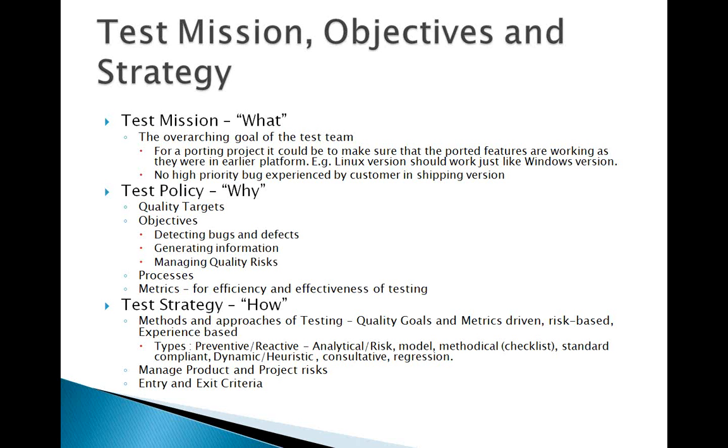And then the other could be dynamic and heuristic, in the sense that you don't have a very formal process in place for test planning, but depending upon the various people in your team, you leave it up to them to get started, and as and when various situations arise in the due course of testing, they figure out at that point of time what to do.